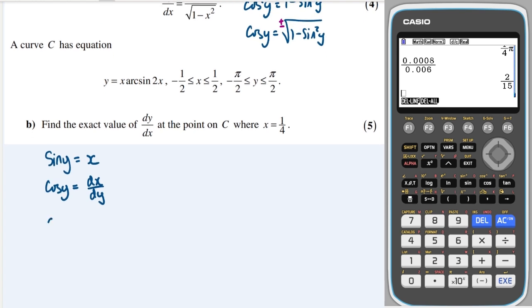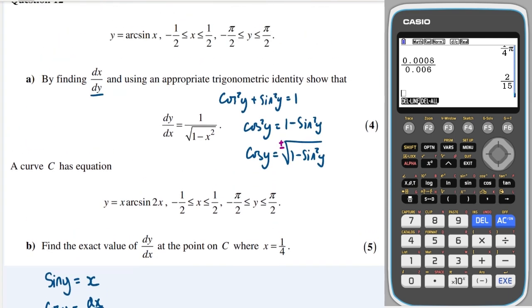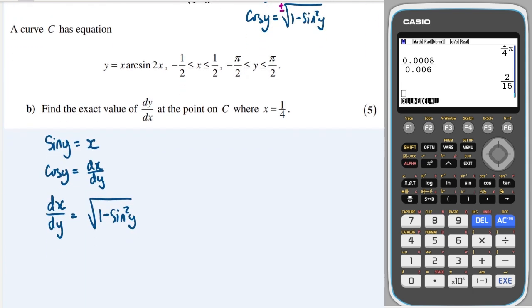Okay, so this gives me dx by dy is equal to plus or minus the square root of 1 minus sine squared y, but we can sort out whether or not this is plus or minus given the range of y. So it says that y is between minus pi over 2 and pi over 2, so I'll just write that down here.